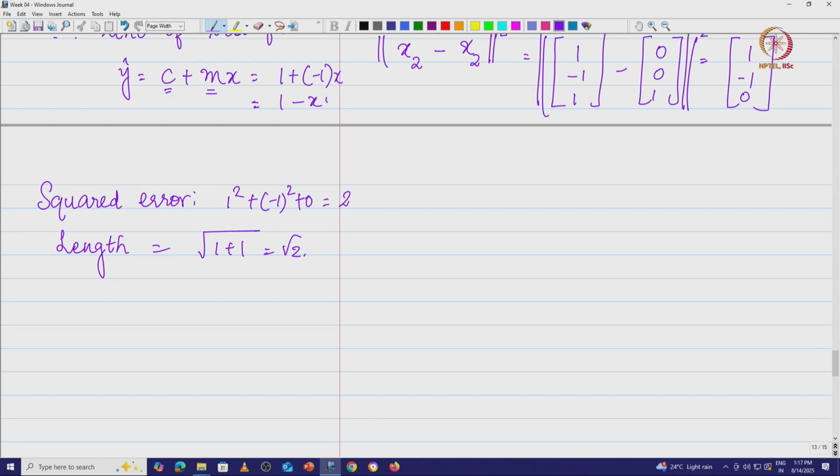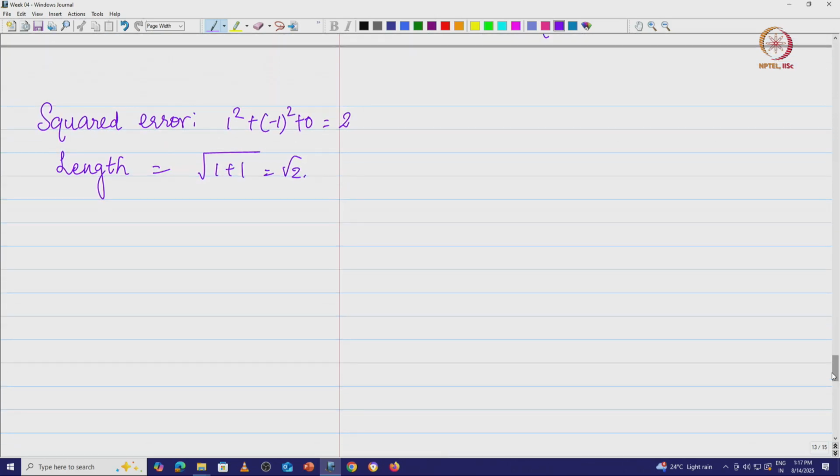So, what we get is the line of best fit in this case has slope equal to minus 1 and y intercept equal to 1.